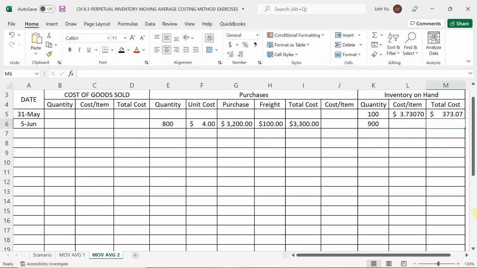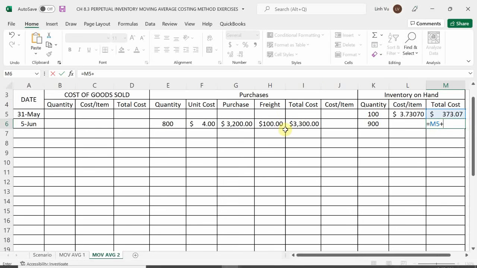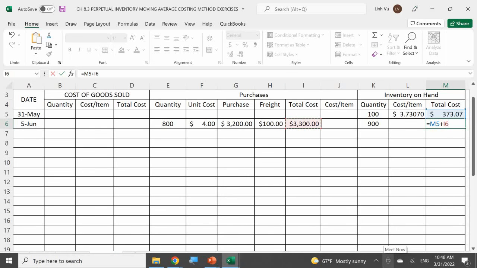And if I started out with $373.07 and I just purchased this inventory for $3,300, what's my new total cost here? $3,673.07. Good.